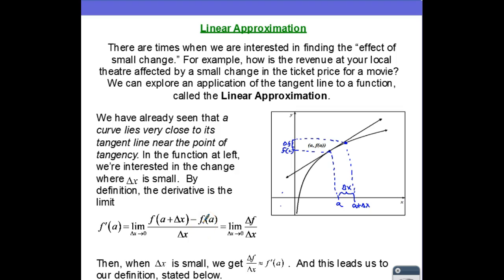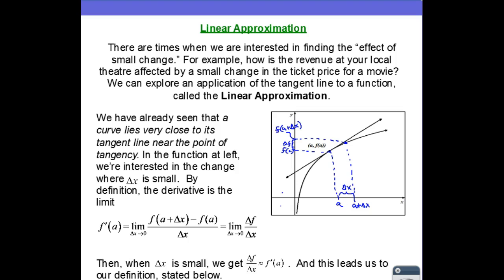So this point is f of a plus delta x, and this is f of a. So it makes sense that f of a plus delta x minus f of a is going to be equal to delta f, the change in the f values, and all of that is divided by delta x, which is the difference between these two corresponding x values.